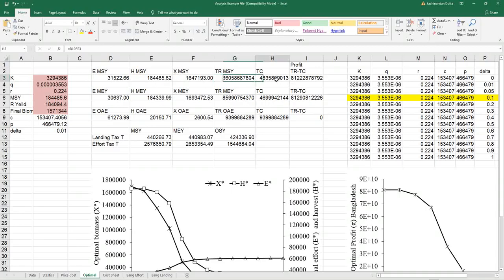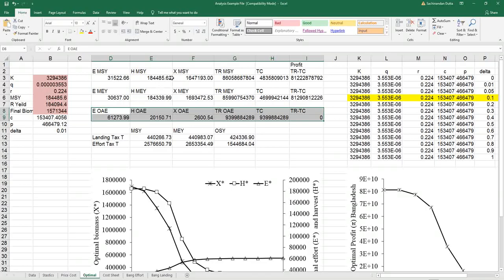Total cost is equal to your cost times your effort. So TR, TC, and profit means TR minus TC, that is total revenue minus total cost is the profit. Very simple equation, we know. So at the different levels, MSY, MEY, and open access equilibrium, we are calculating all of those. So that is very good.